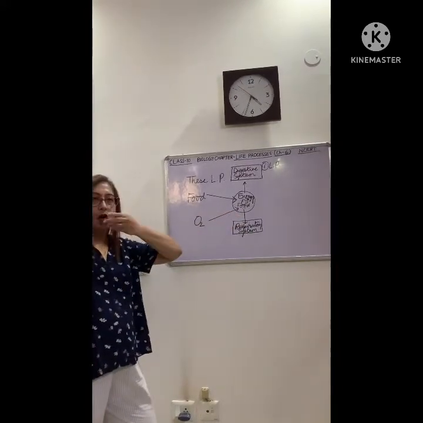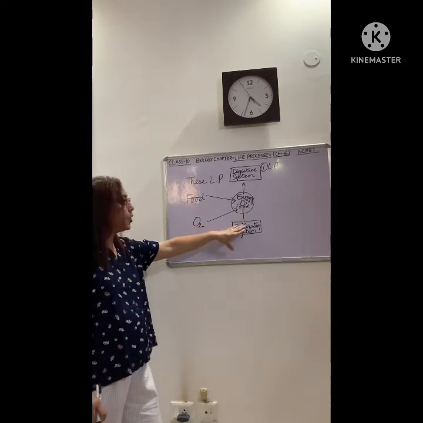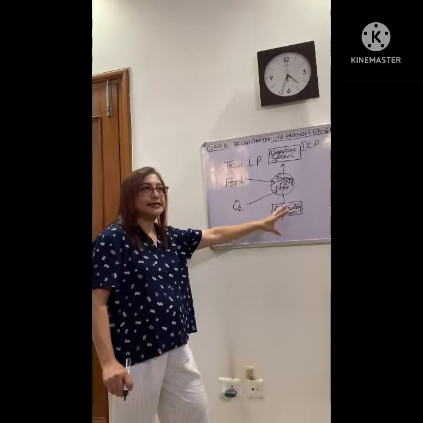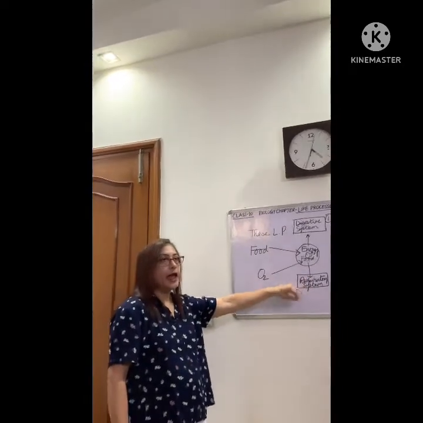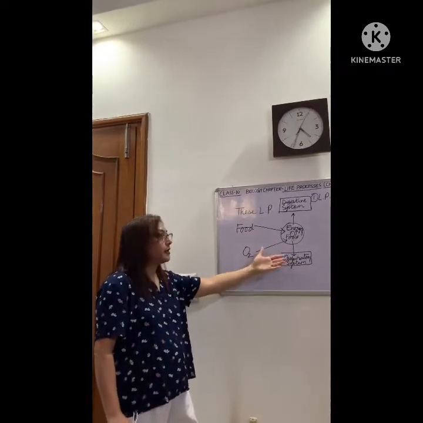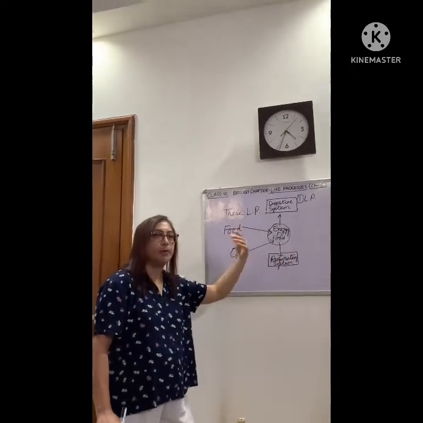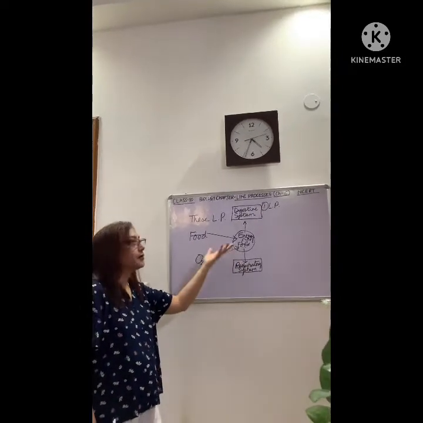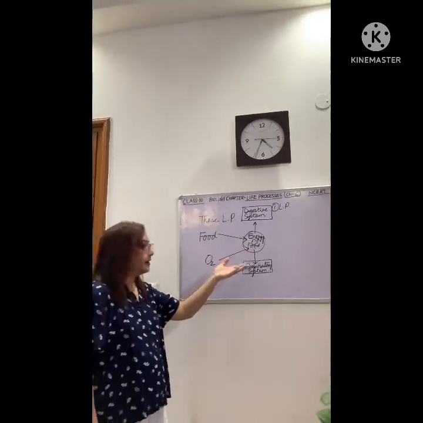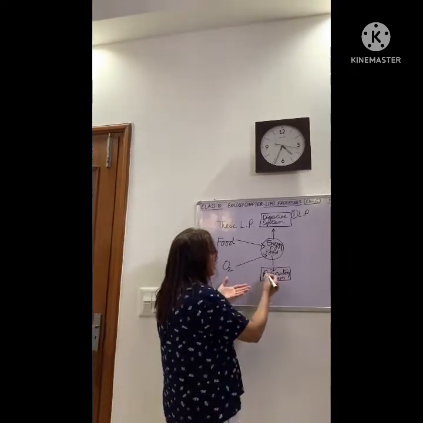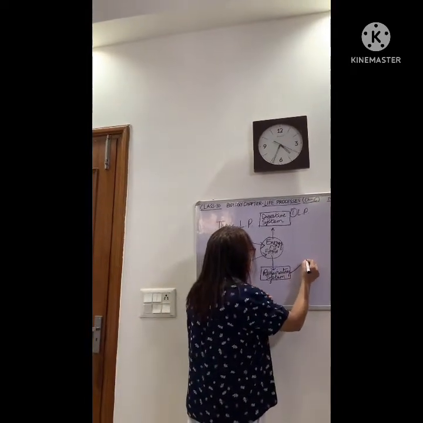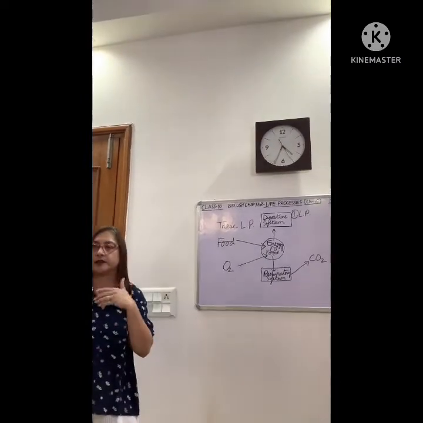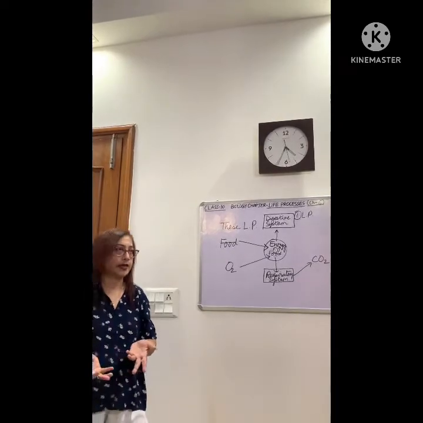We take in oxygen from our mouth and it goes into the respiratory system, and then that oxygen is passed on into the bloodstream, and from that bloodstream the waste products are taken in. And what is the waste product of the respiratory system? It is the carbon dioxide. We all know that we breathe in oxygen and we give out carbon dioxide.